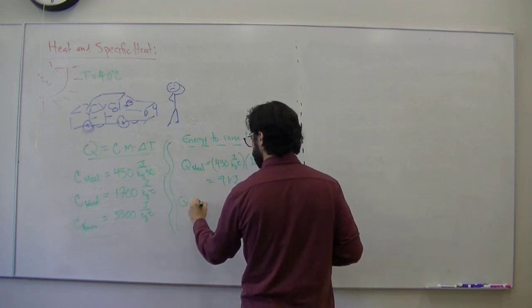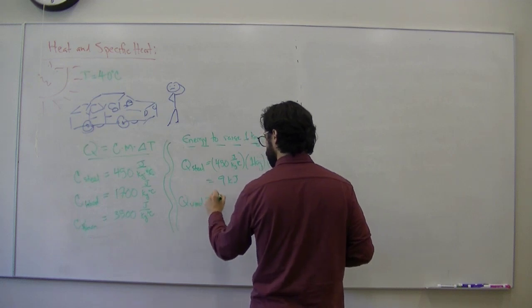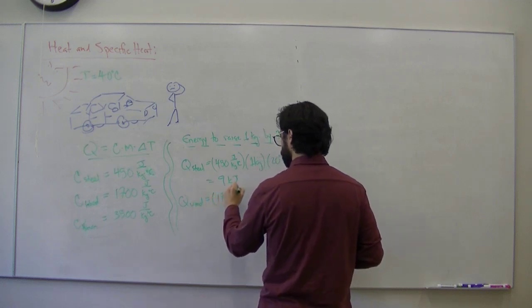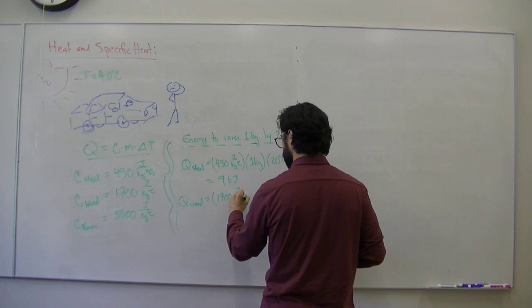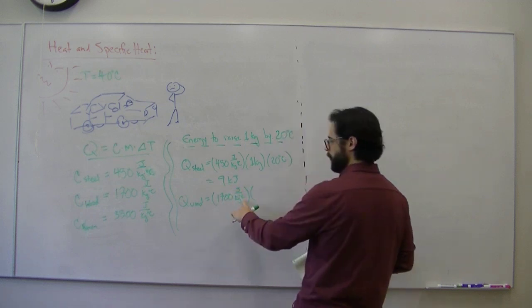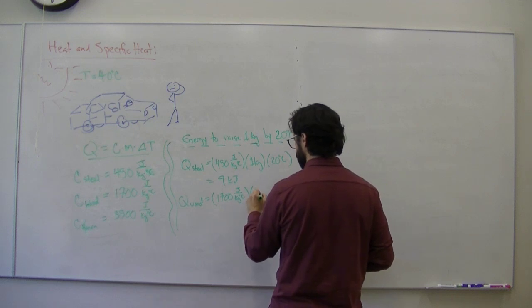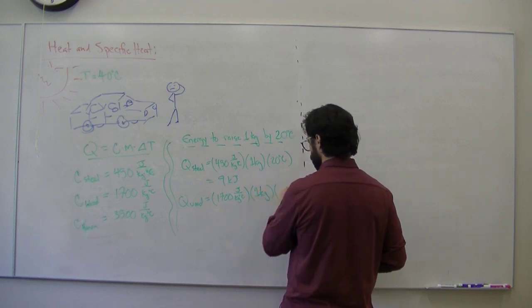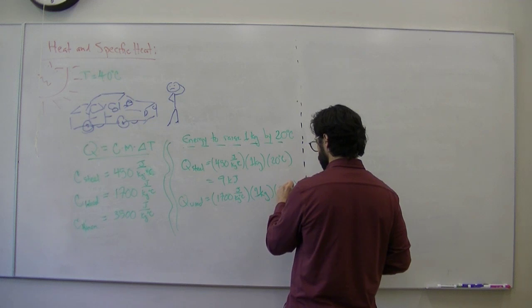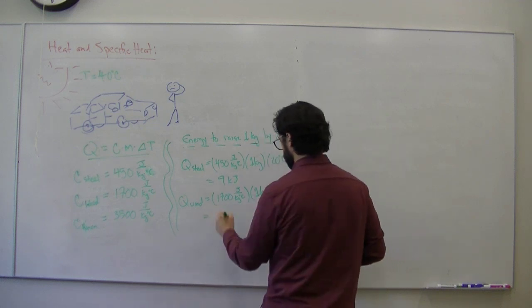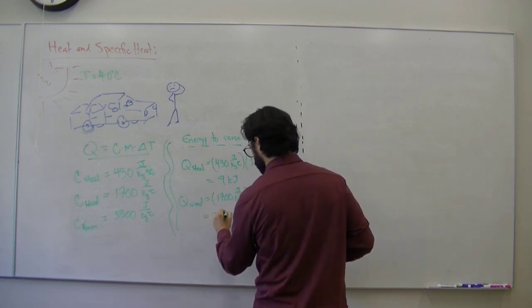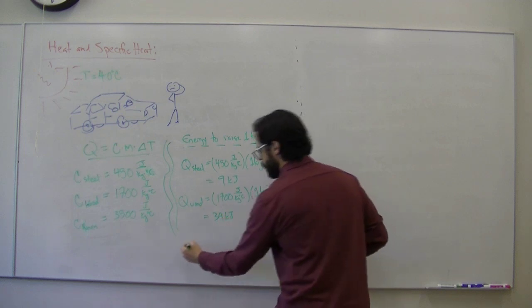Do the same thing for wood. And again, because it's a delta, you will see Kelvin and Celsius used liberally interchangeably. That gives us 34 kilojoules, kilo meaning times 10 to the third.